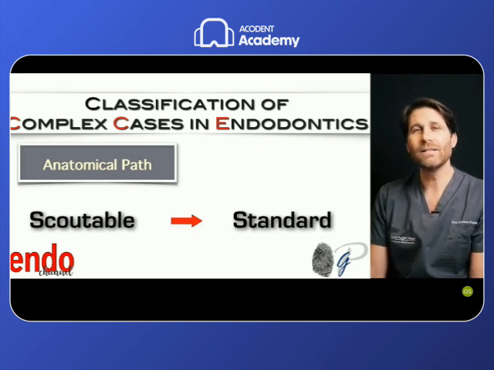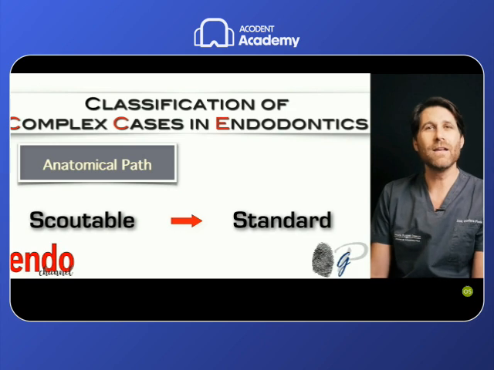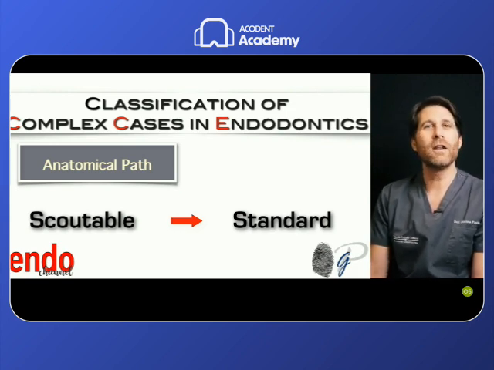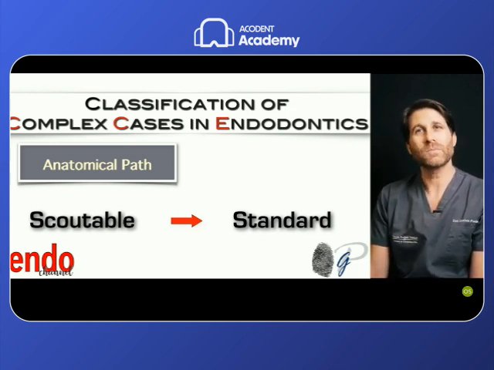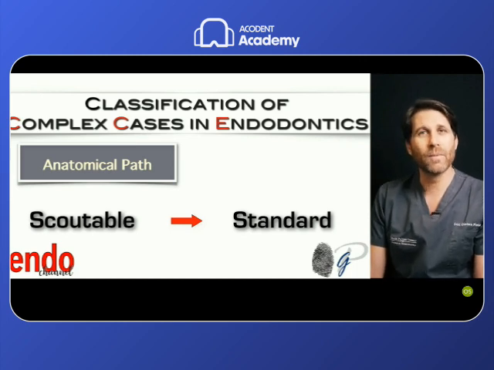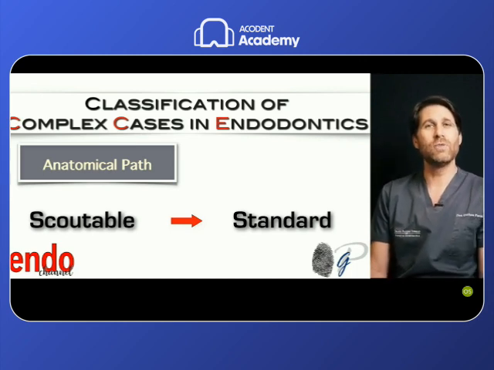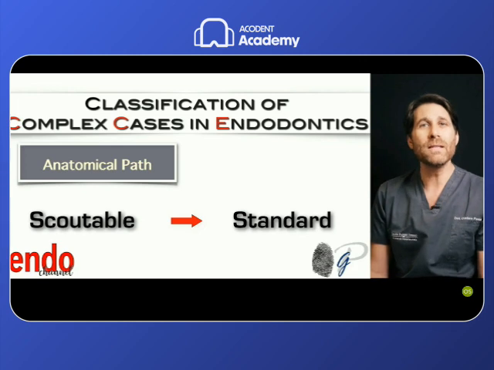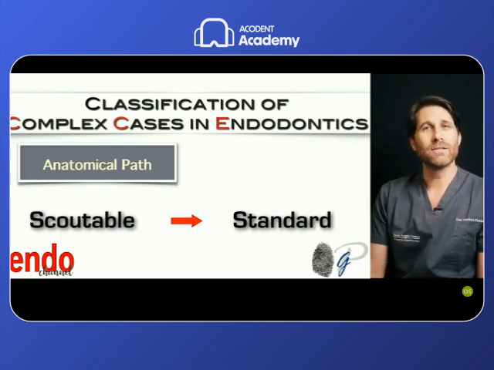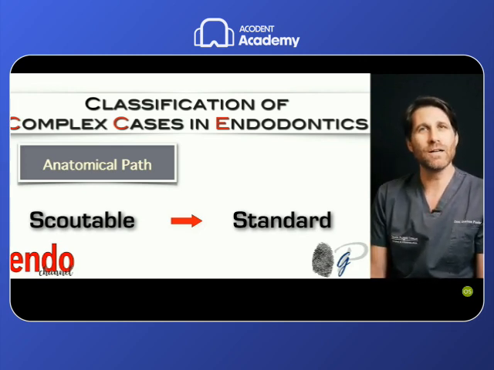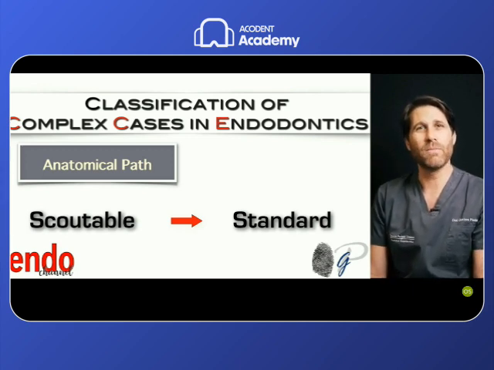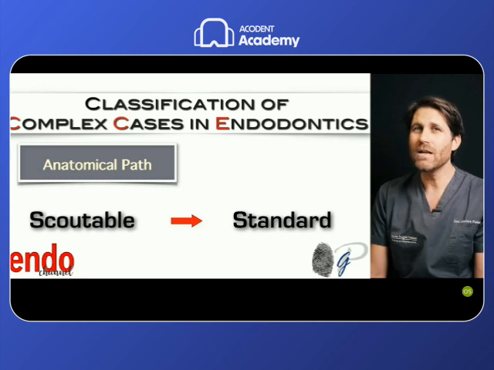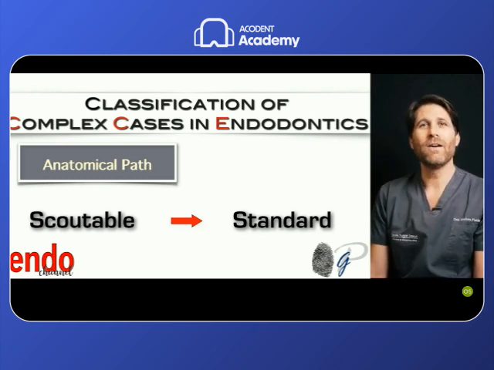I define this case as standard even if they are very curved, with very long double curvatures, because the instruments that we use today permit us to have a strategy to prepare even the most curved and difficult root canals in these cases in which there is a scoutable space very easily, very efficiently, very fast, and among all, safely.